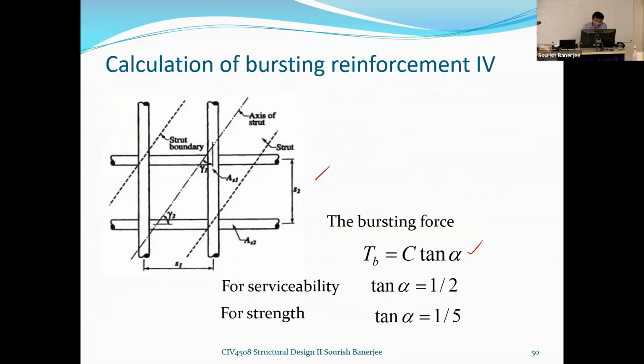Now, what people have observed is that for serviceability, tan alpha is a half, and for strength, tan alpha is much less, which is 1/5. Simply because for serviceability, you can see that the cracks are there and the bursting force is much higher. Once you allow some of the cracks, then that effect reduces, and as a result, you get a lower value of bursting force for strength.